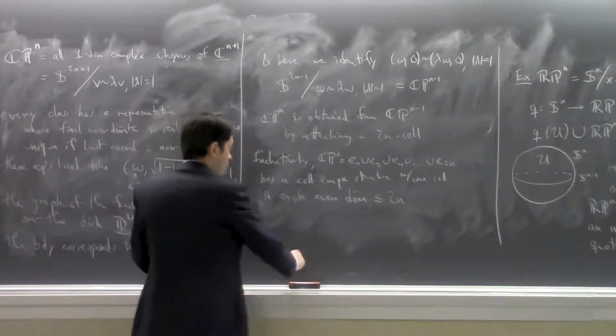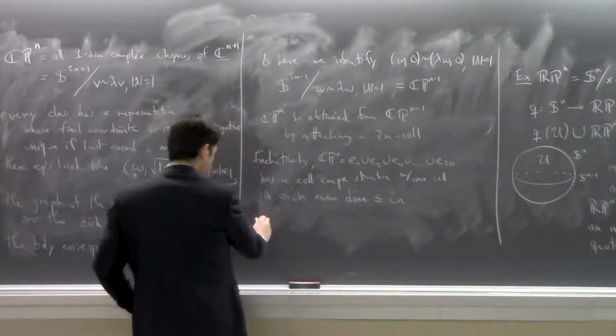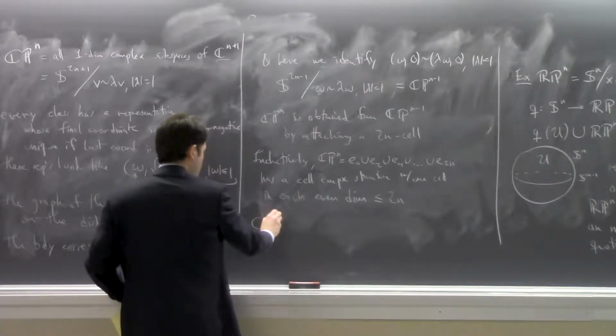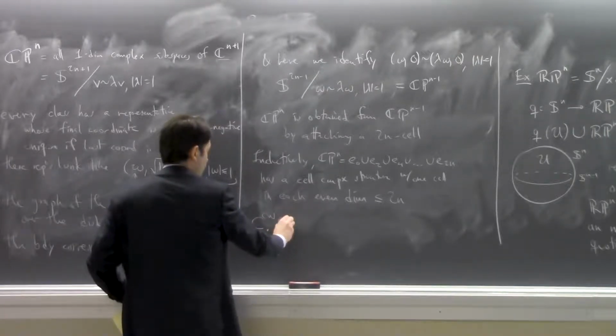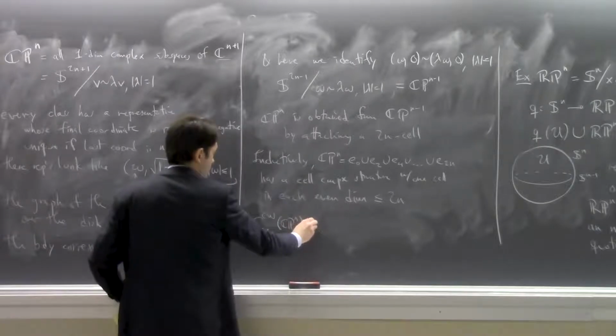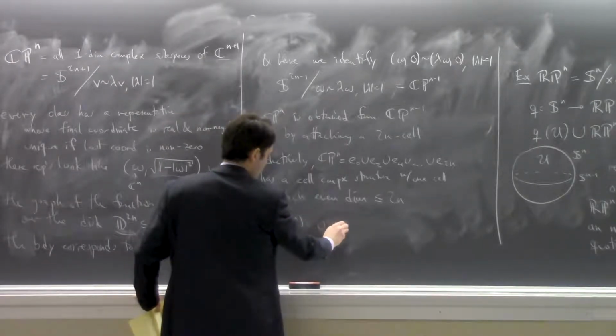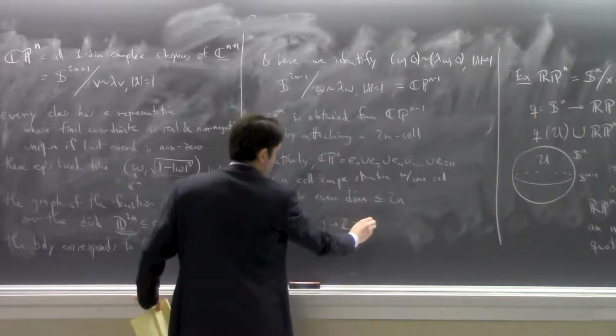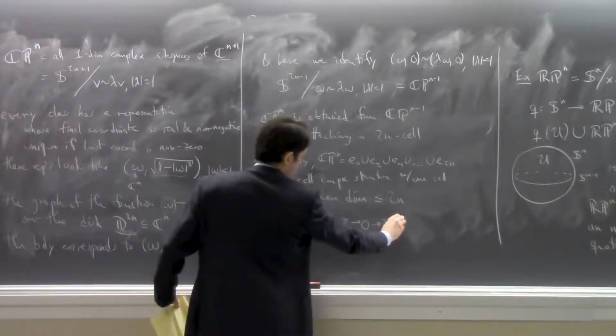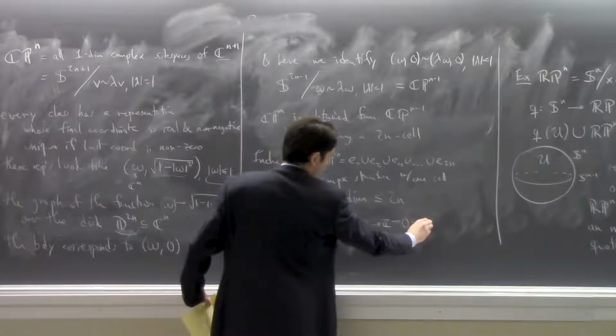Okay, so this means that the CW complex of CP^n looks like Z's and zeros.